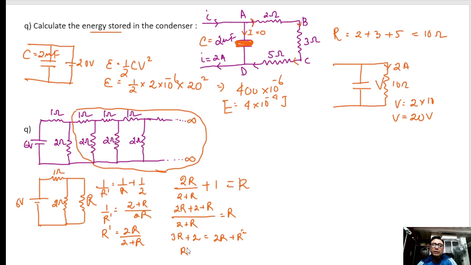That means R square minus R minus 2 should be 0.